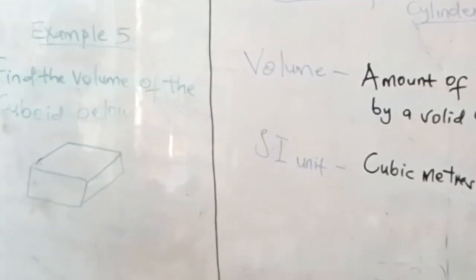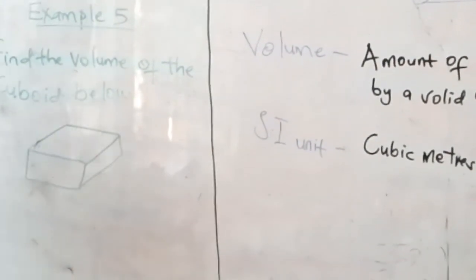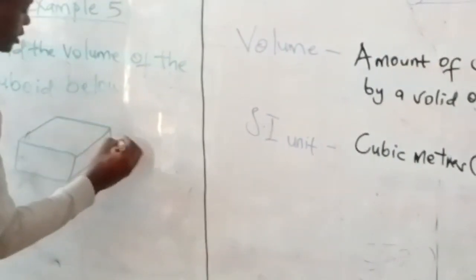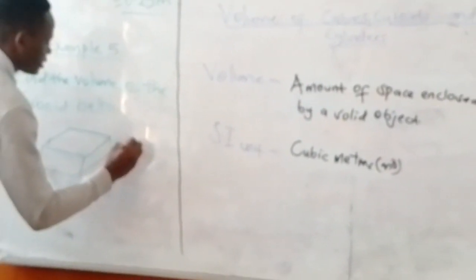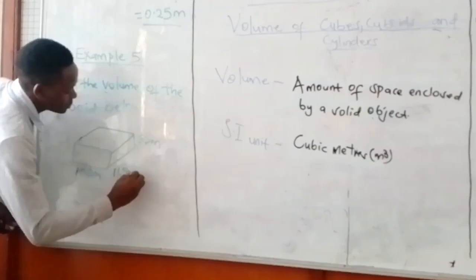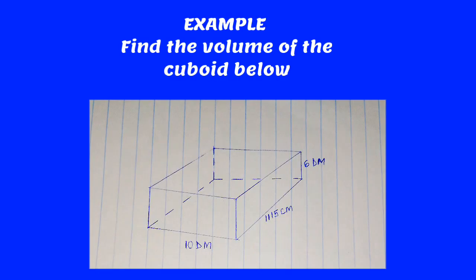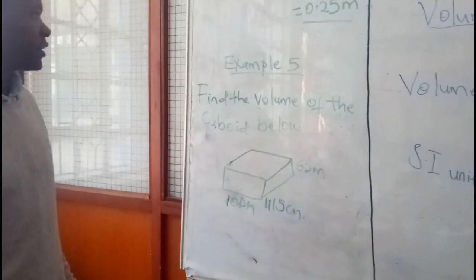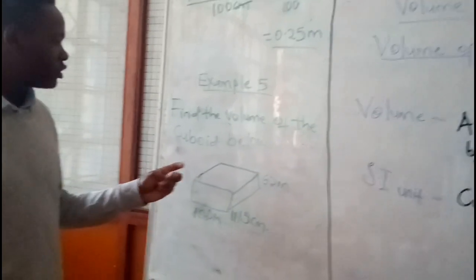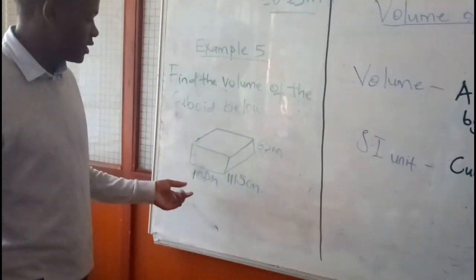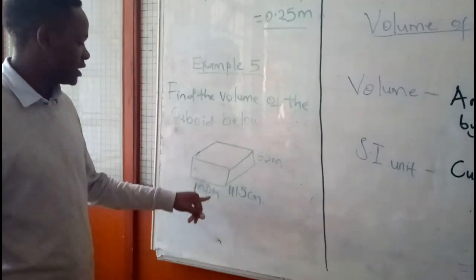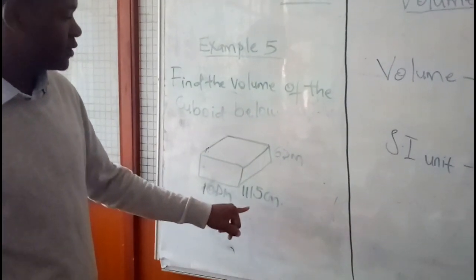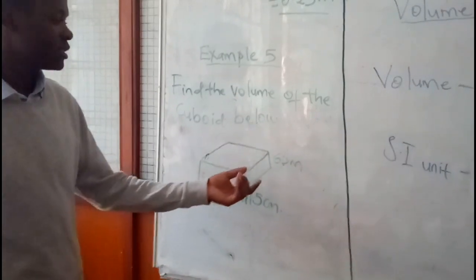The measurements are given as height equal to 6 decameters. So here in example 5, you have been asked to find the volume of the cuboid below, where the length has been given as 10 decameters, the width is 1,115 centimeters, and the height is 6 decameters.